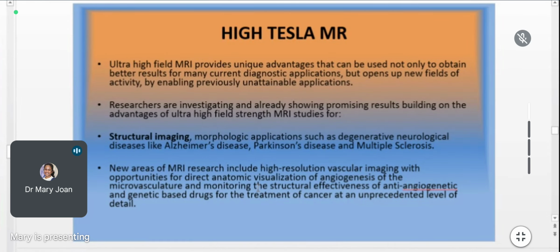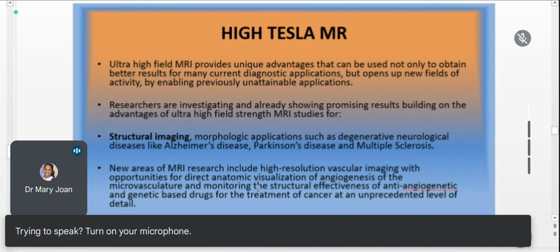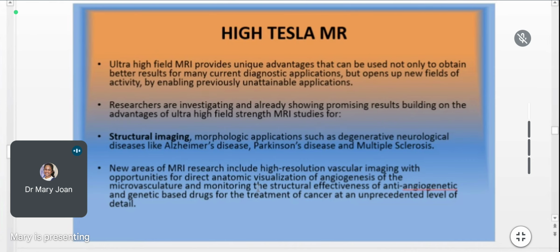And high Tesla MR, ultra high field MRI, provides unique advantages that can be used not only to obtain better results for many current diagnostic applications, but also opens up new fields of activity by enabling previously unattainable applications. Researchers are investigating and already showing promising results building on the advantages of ultra high field strength MRI.